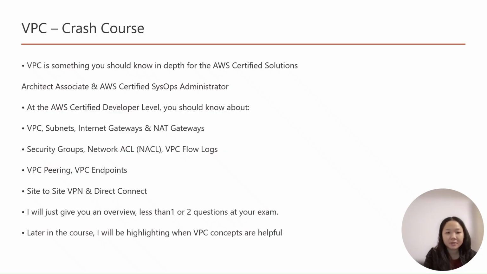At the AWS Certified Developer level, you should know about VPC, Subnet, Internet Gateway, NAT Gateway, Security Group, Network ACL (NACL), VPC Flow Logs, VPC Peering, VPC Endpoint, Site-to-Site VPN, and Direct Connect. I will just give you an overview, with one or two questions at most, and later in the course I will highlight when VPC concepts are helpful.